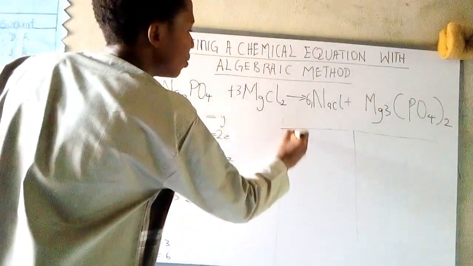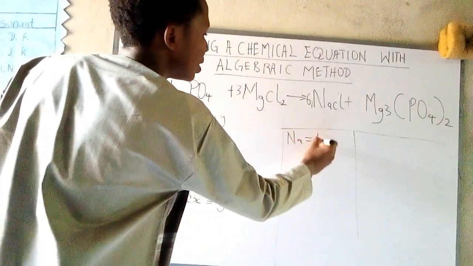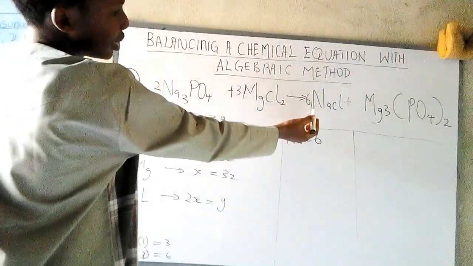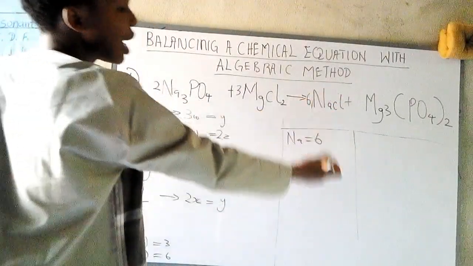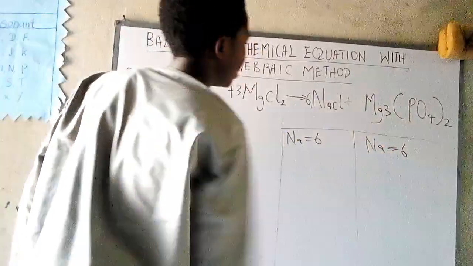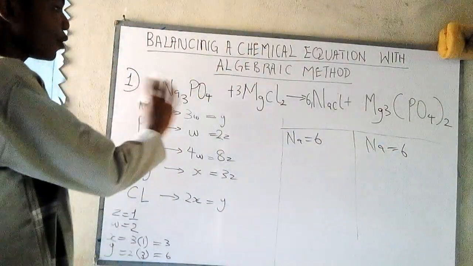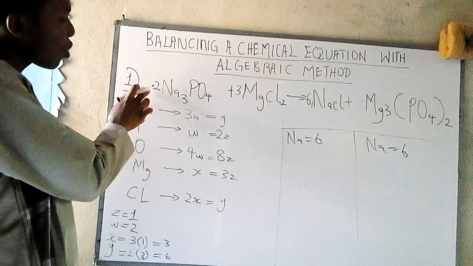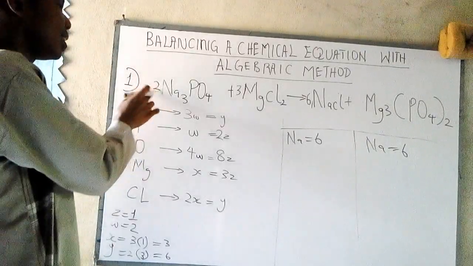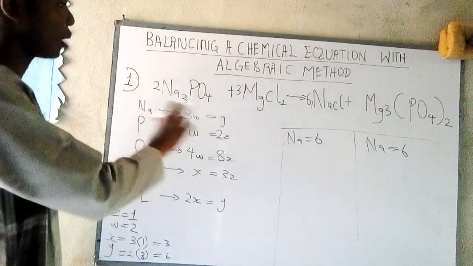We have sodium to be 6 on this side. So look at this. In the product side, what do we have? Sodium to be 6. Is this easy? So now phosphorus is affected by this coefficient, this 2. That is the number of mole of the compound.